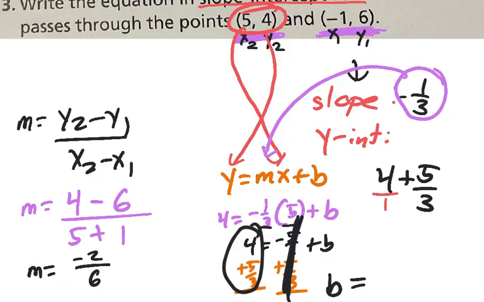And now the common denominator would be 3. So I need to multiply 1 by 3, which means I need to multiply 4 by 3. So 4 times 3 is 12 thirds plus 5 thirds.